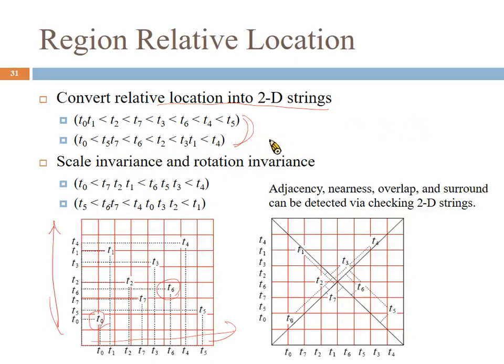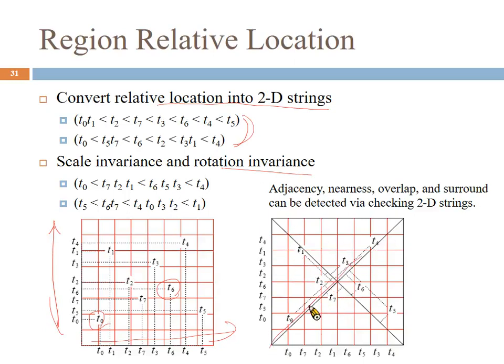This kind of string representation may be influenced by scale or rotation. So they also propose a scale invariant and rotation invariant string representation. That is also quite simple. We don't project the centroid to the horizontal or the vertical axis. We project them onto the 2 diagonals. Okay, the 2 diagonals.